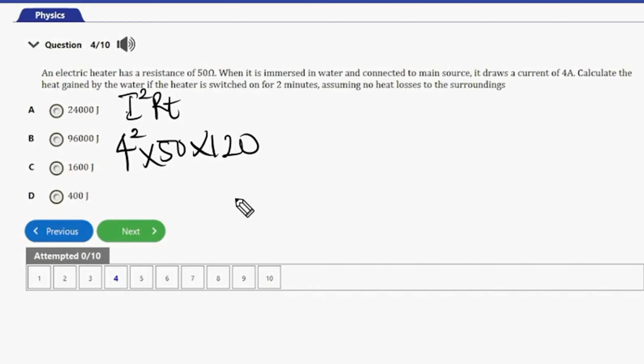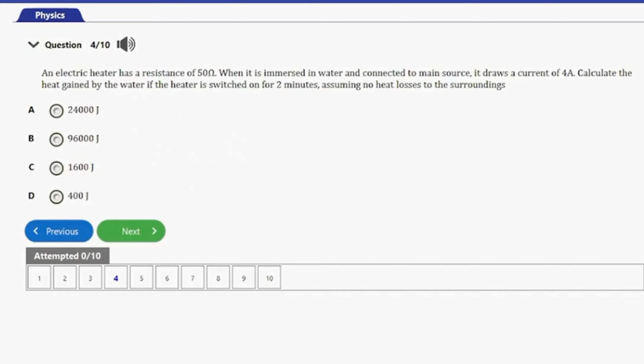So guys, let's multiply this out. We're going to have 96,000 joules. Wow, so this is 96,000 joules, and that's the answer to this question. So let's go ahead and wipe this off, and then let's consider the next question, guys.